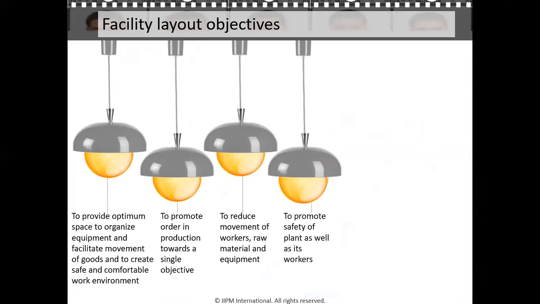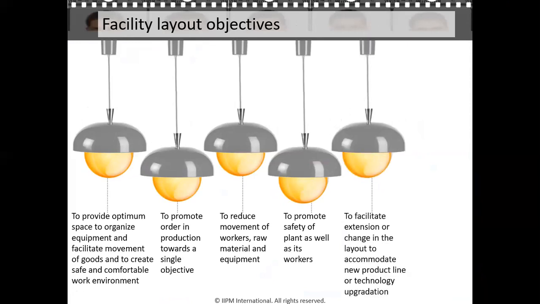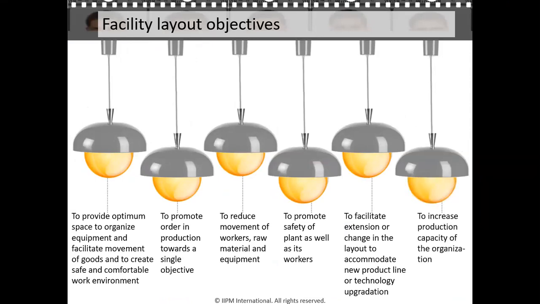To promote order in production towards a single objective, to reduce movement of workers, raw material and equipment, to promote safety of plant as well as workers, to facilitate extension or change in the layout to accommodate new product line or technology upgradation, and to increase production capacity of the organization.